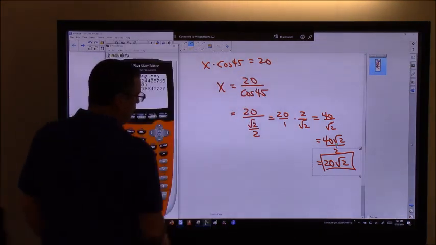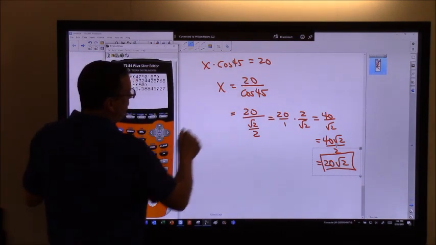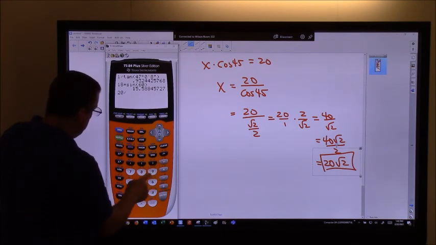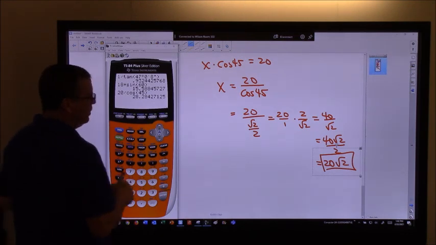Or I grab the calculator and I'm going to do 20 divided by cosine 45. And there's what I get, 28.284.